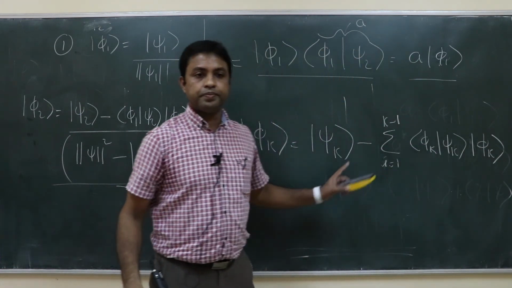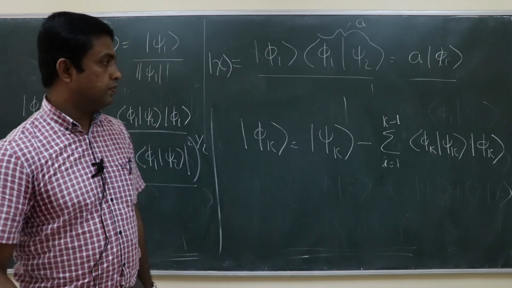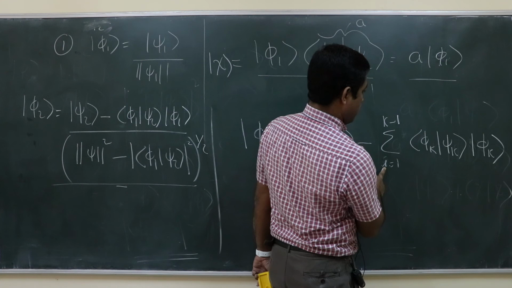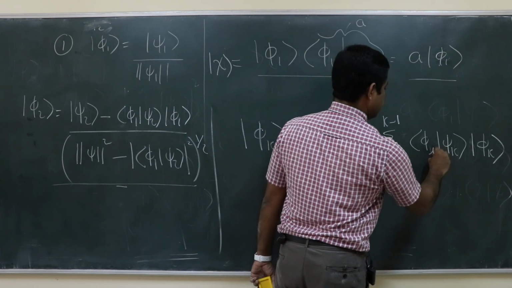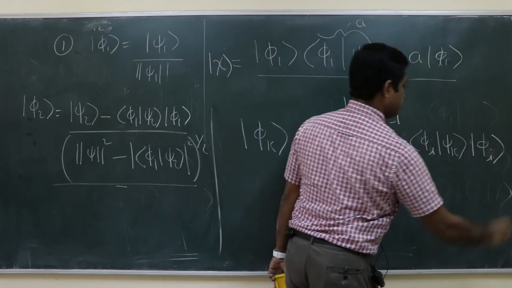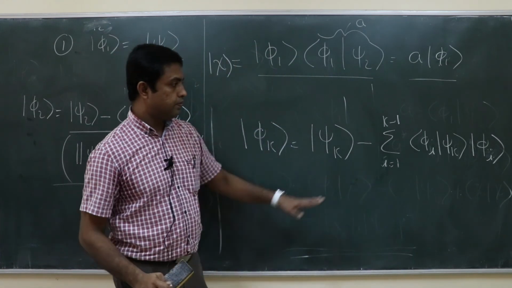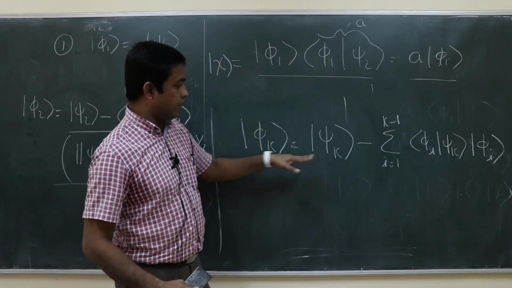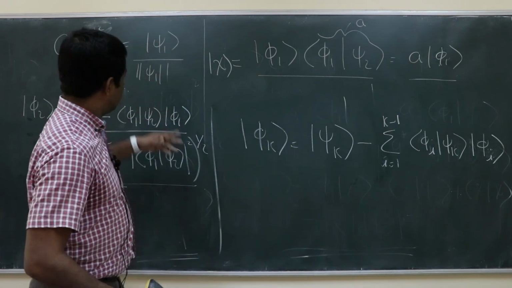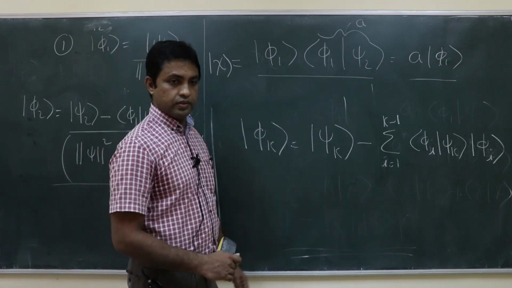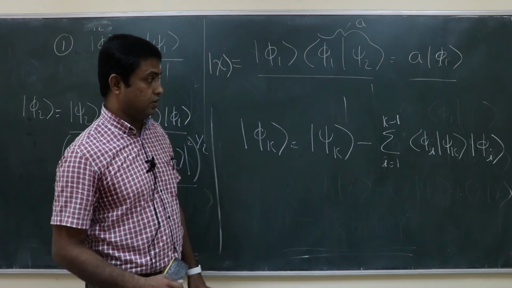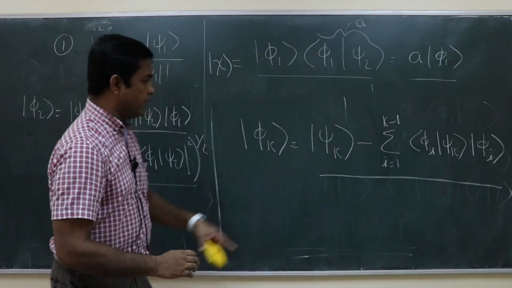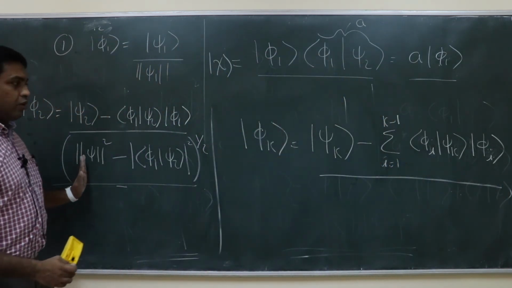Is this clear? It's not phi k, it's phi i. So I should do this one, i. So this will be the kth vector which is orthogonal to the remaining k minus 1 vectors. You already have normalized vectors, and I have to find the norm of this. The norm of this will again be, see, this term will remain the same.